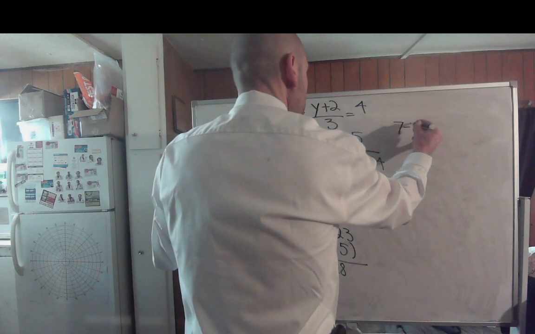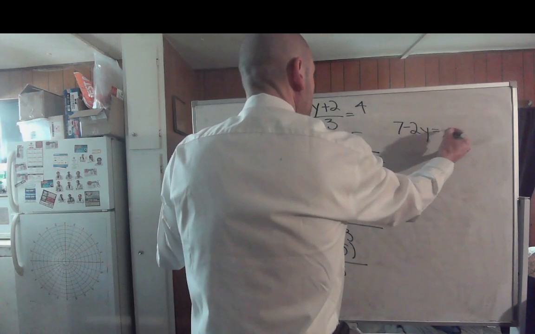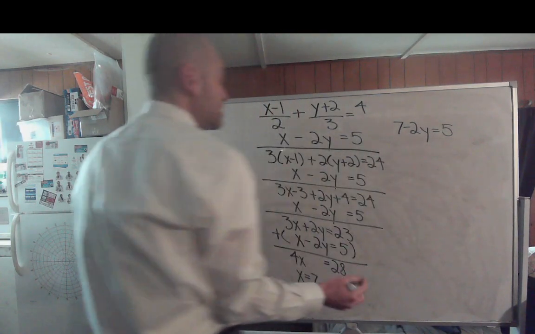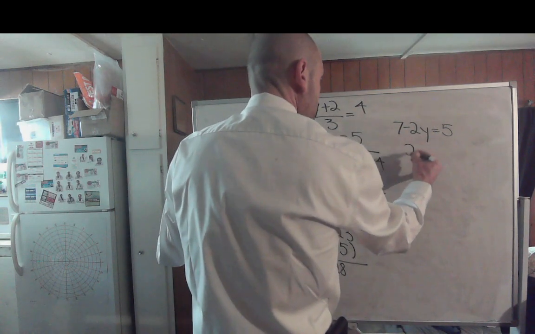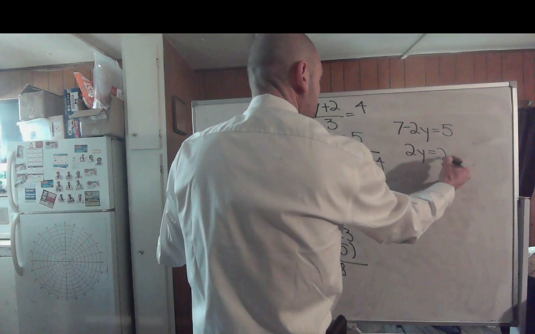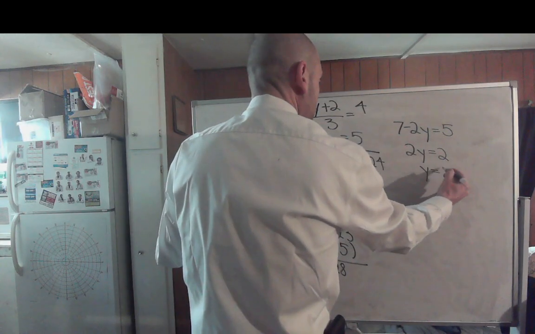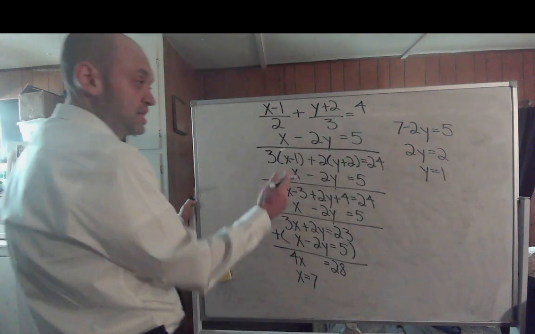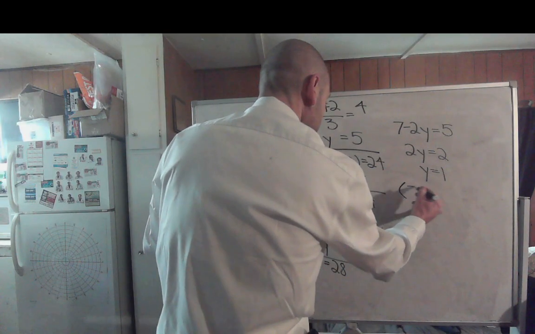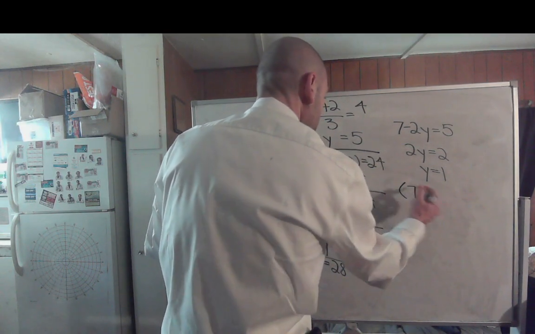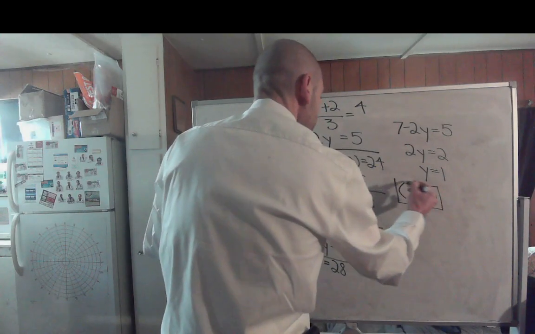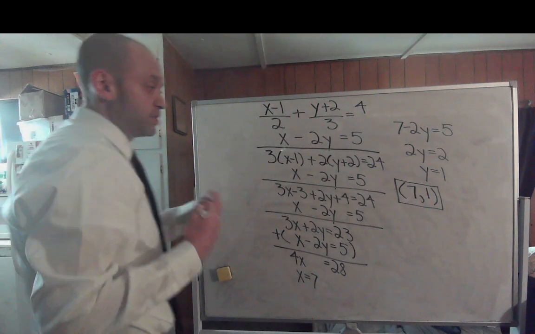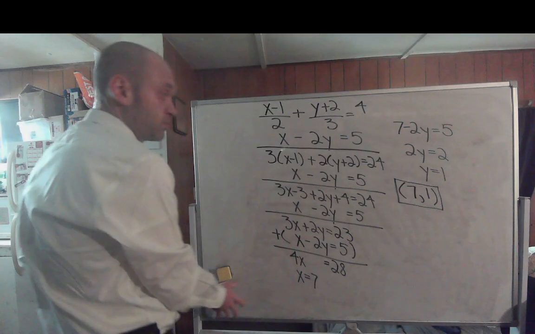So 7 minus 2y equals 5. That means that 2y equals 2, or y equals 1. So these two lines will intersect at the ordered pair 7, 1.